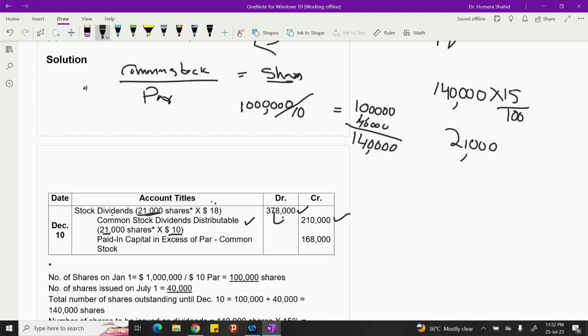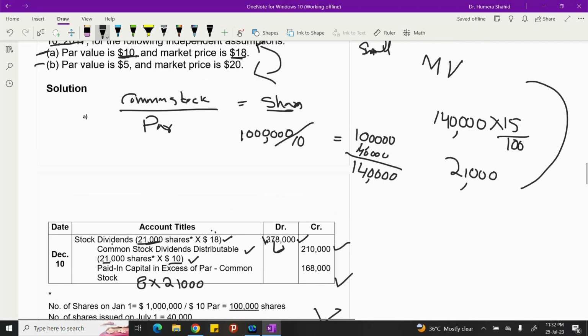The rest will go where? The rest will go in the excess account. How much is excess? 18 was the dividend value, 10 was the par value, so 8 is excess per share. So 8 multiplied by 21,000, that is 168,000. All these calculations which I did, they are more formally done here.